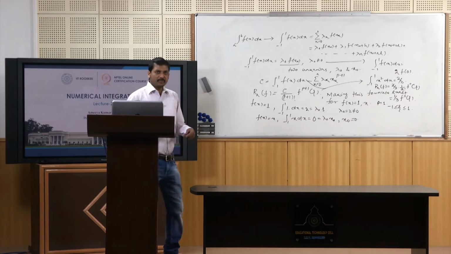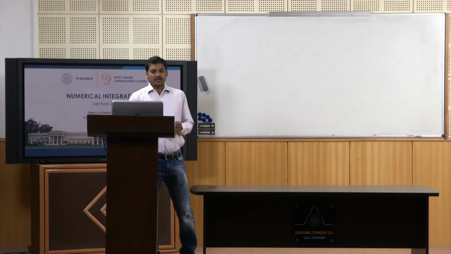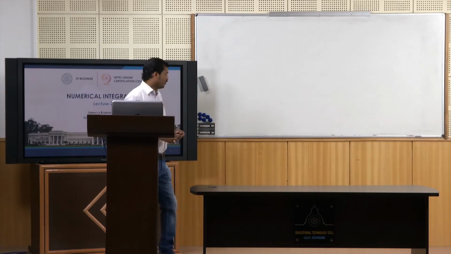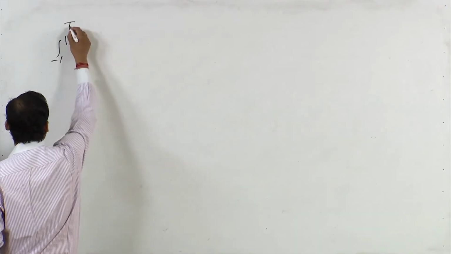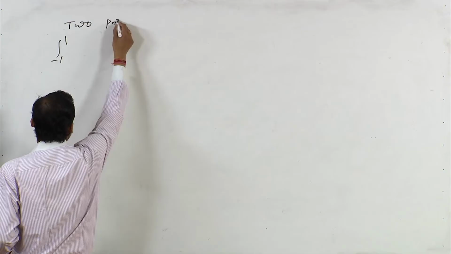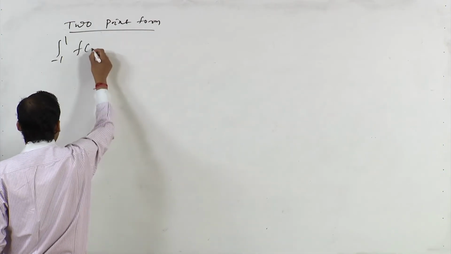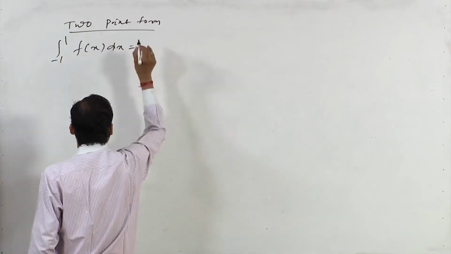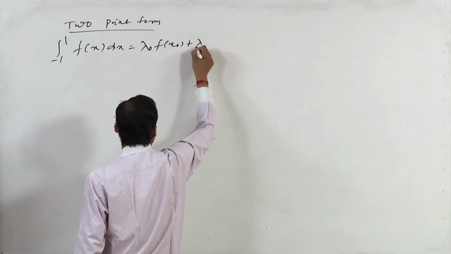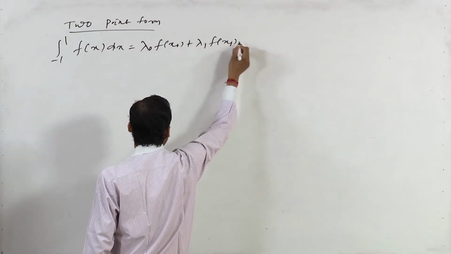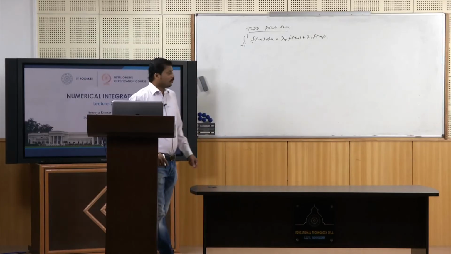Then we will go for the Gauss Legendre 2 point rule. If we discuss the Gauss Legendre rule for the 2 point form, then we can write the integral from minus 1 to 1 of f of x dx equals lambda 0 f of x 0 plus lambda 1 f of x 1. 2 point means we consider 2 points here.